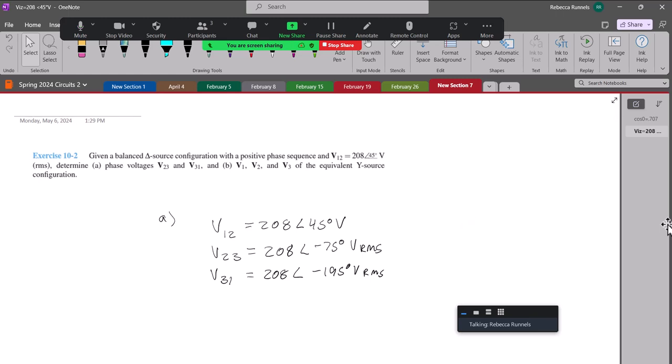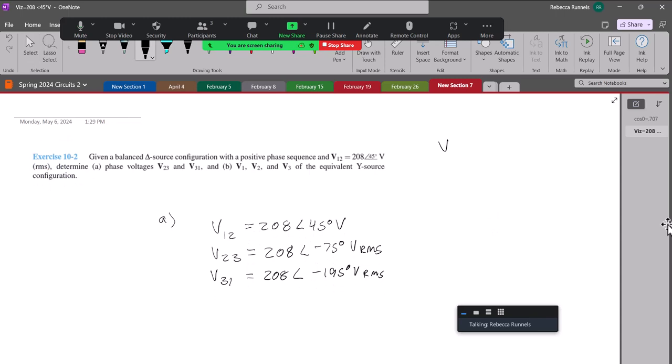So we know that V1 equals V12 over the square root of 3. So the Y voltage is bigger than the delta voltage by a square root of 3.